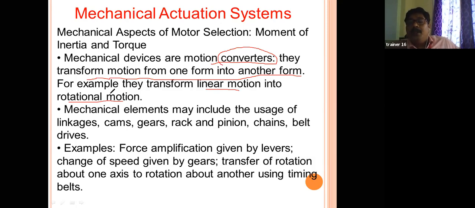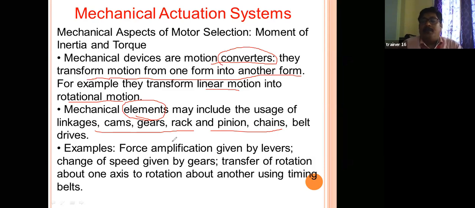These are the mechanical elements, some of the control elements. They include linkages, cams, gears, rack and pinion, chains, and belt drives. So these are all the elements with which we can control the motion.